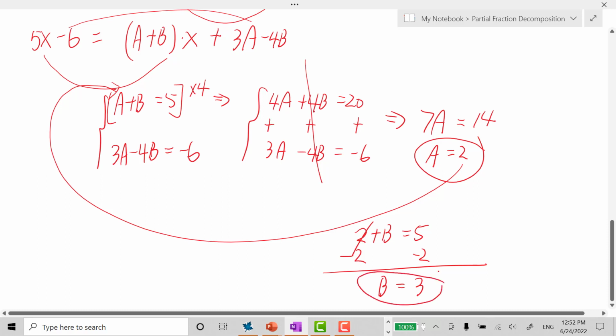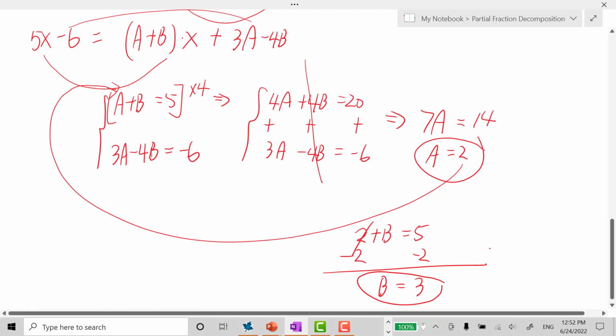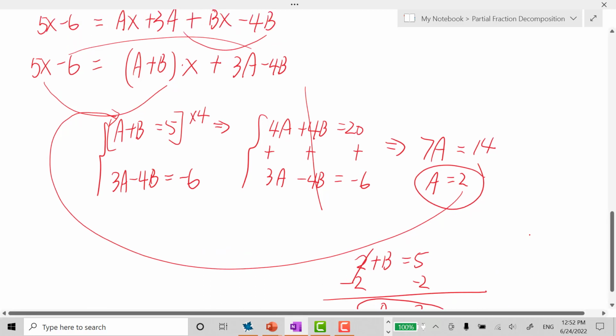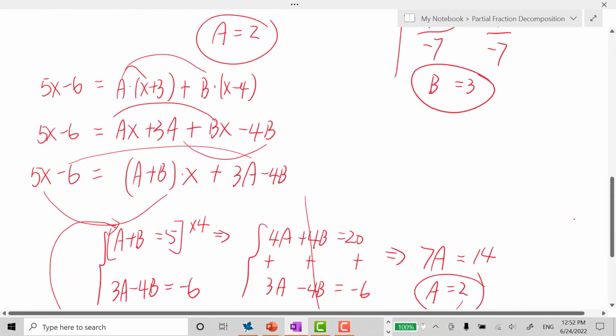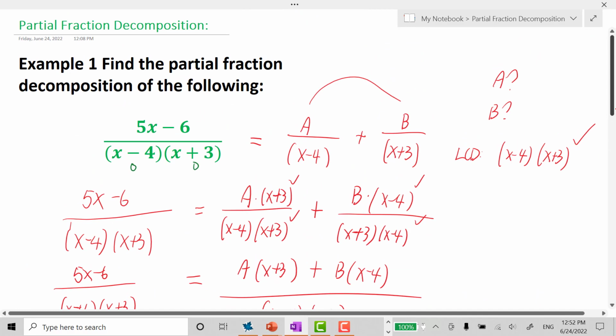Yeah, so it's totally up to you. Both methods are good, and it depends on your preferred method. So in this case, we actually get to the final result.